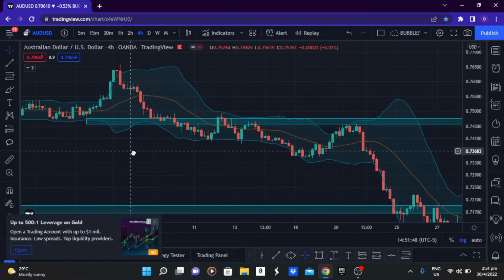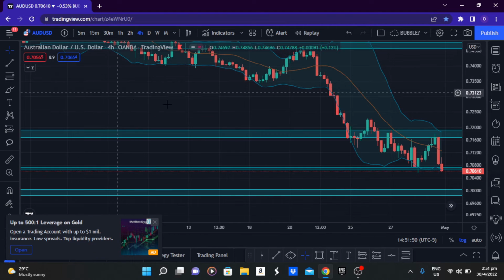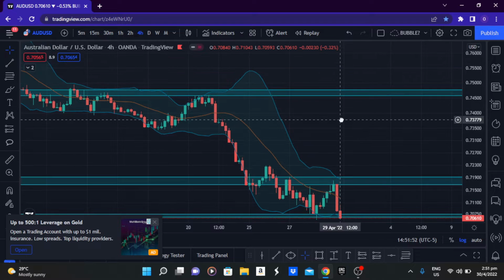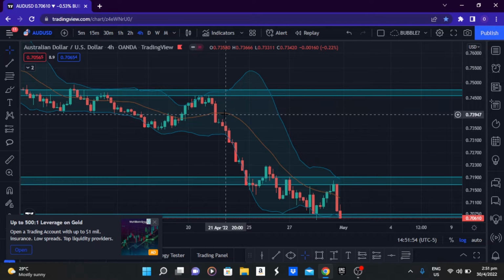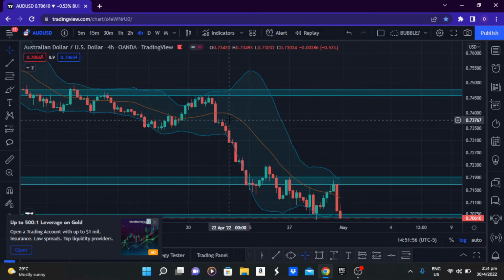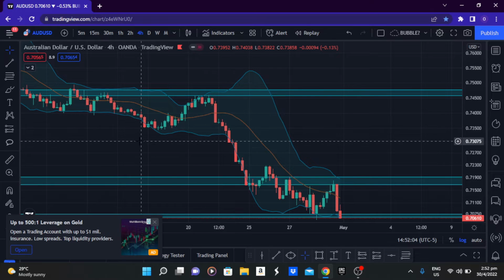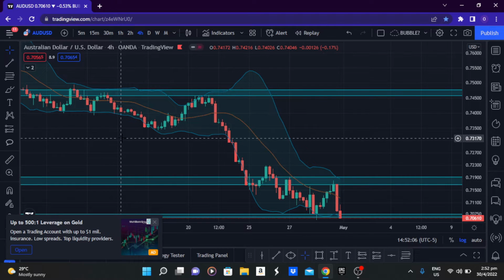But just to simplify the basics, for me personally, this orange line here is basically called the SMA. It's the simple moving average. And I'll be breaking down all of that in the next video.